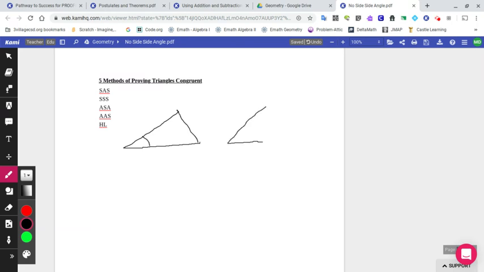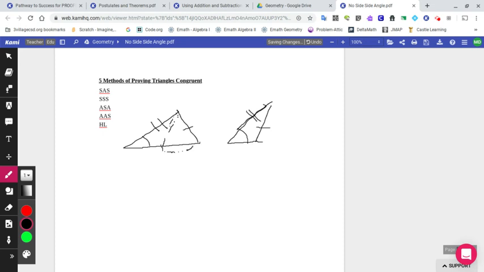So here's that same angle, and this same side, so we'll make that about the same length. There you go. Now I can draw another triangle with this same length, but it's not the same triangle. If I were to swing this side this way and draw this in this way, I would get a triangle that looked like this.